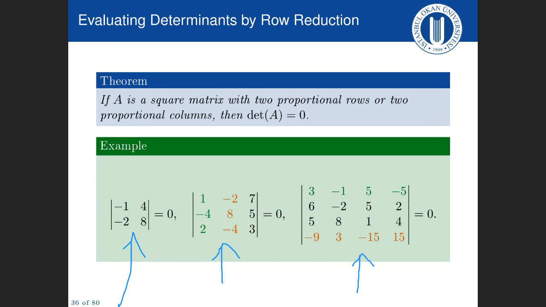And in the third matrix, row 4 is -3 multiplied by row 1. In each of these matrices, one row or one column is equal to a multiple of another row or column. So the determinants must be equal to 0.